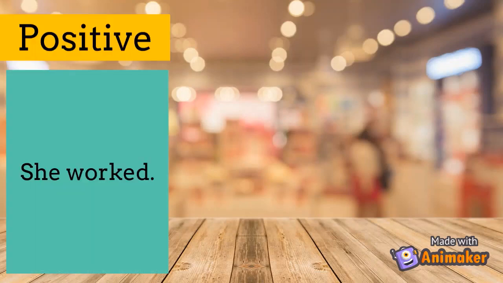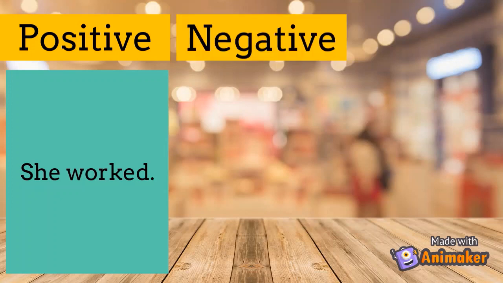For positive sentence, we say she worked. Well, the verb is changed. In positive sentence, we have to plus ED to the word work. So it becomes worked. But for negative sentence, what happens? We came back to the base form of the verb, right?